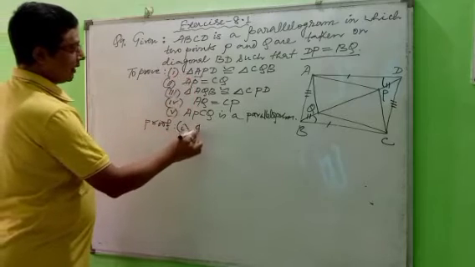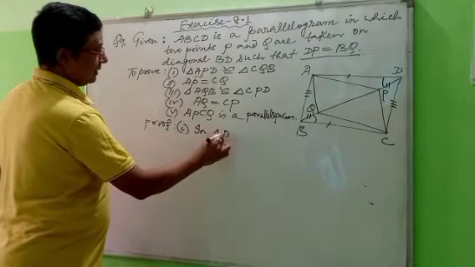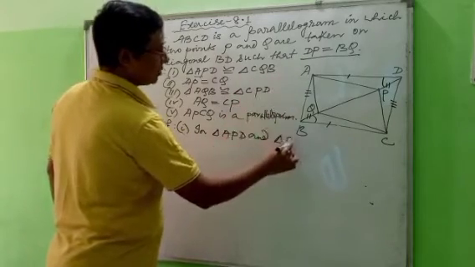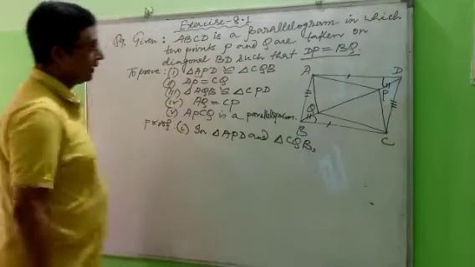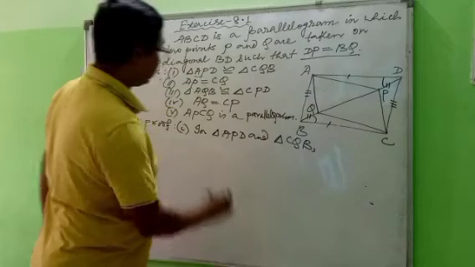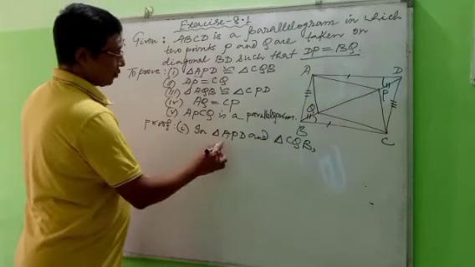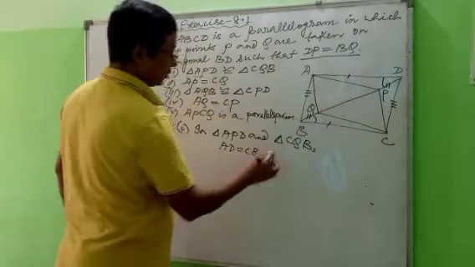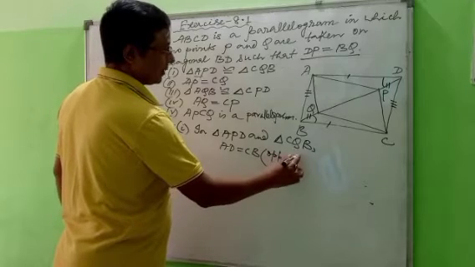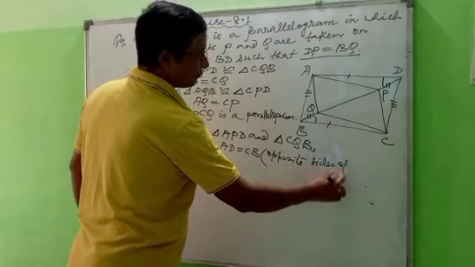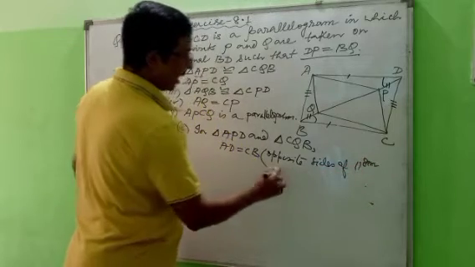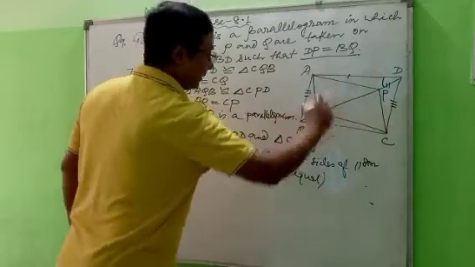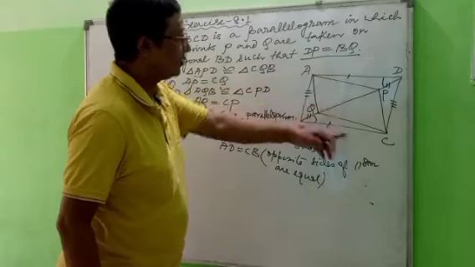In triangle ABD and triangle CQB, you get that AD equals CB. These are the opposite sides of the parallelogram, and opposite sides of a parallelogram are equal. Because ABCD is a parallelogram, their opposite sides are equal.